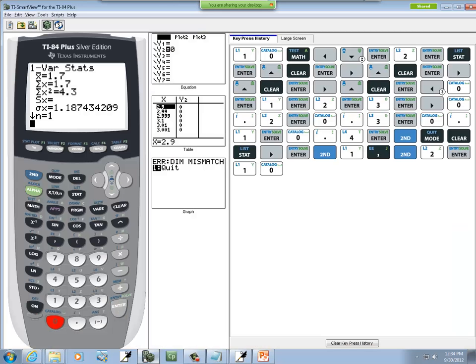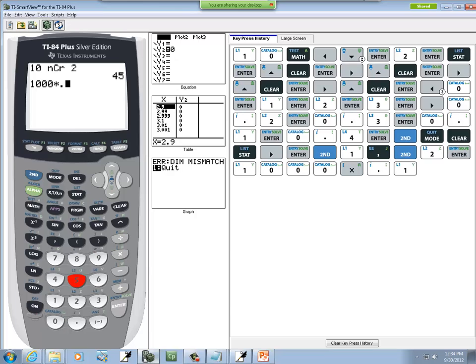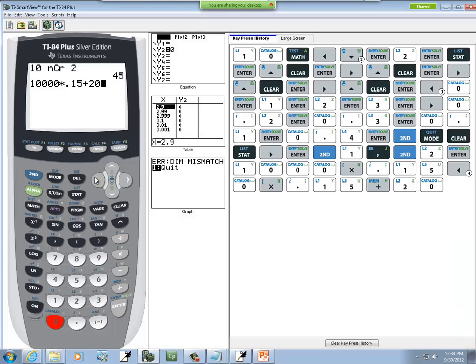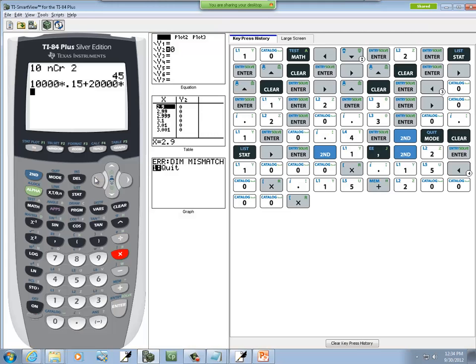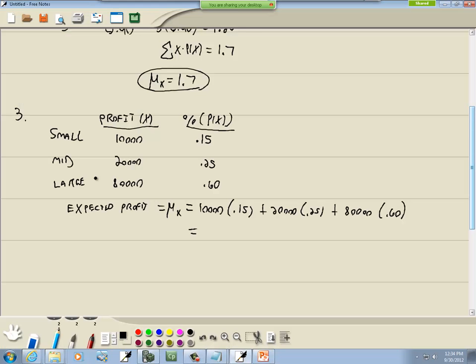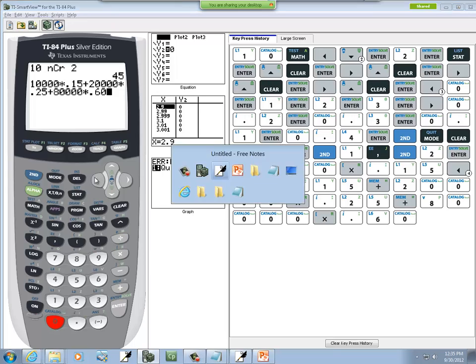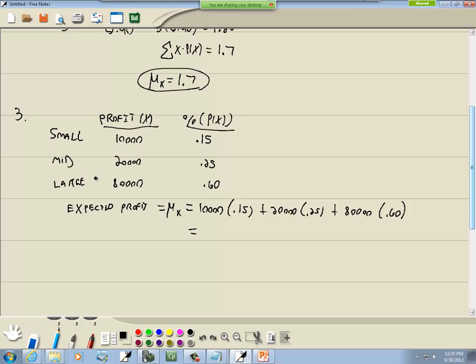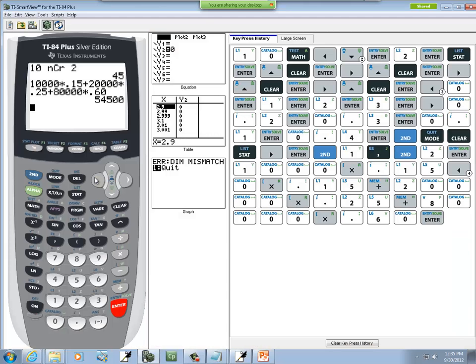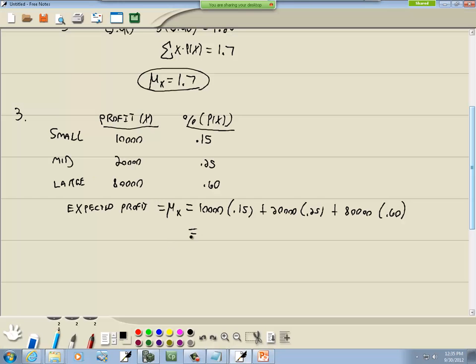Let's see, 10,000 times 0.15 plus 20,000 times 0.25 plus 80,000 times 0.60. So our expected profit will be 54,500.